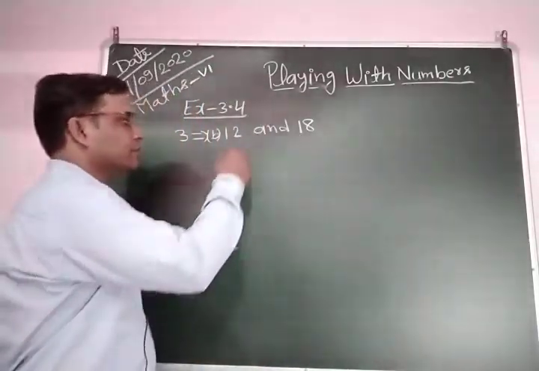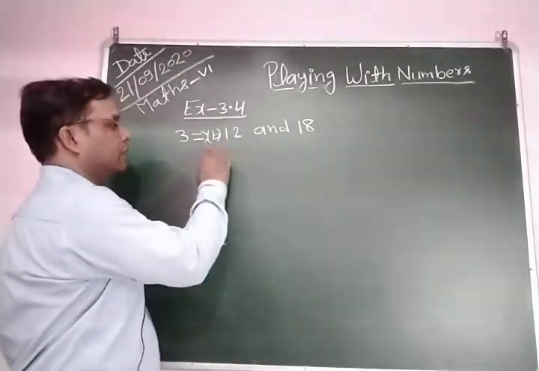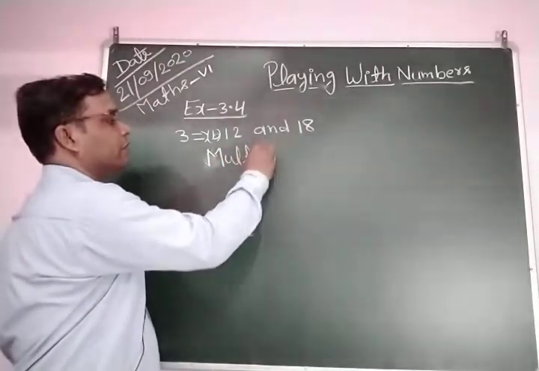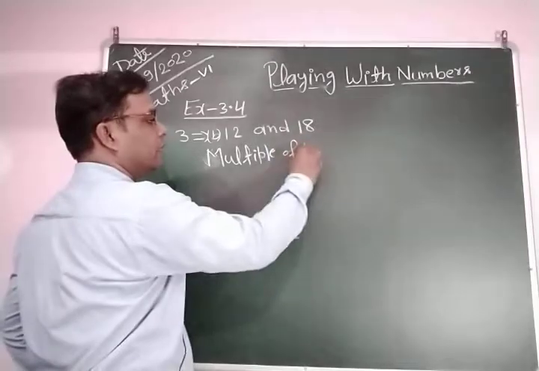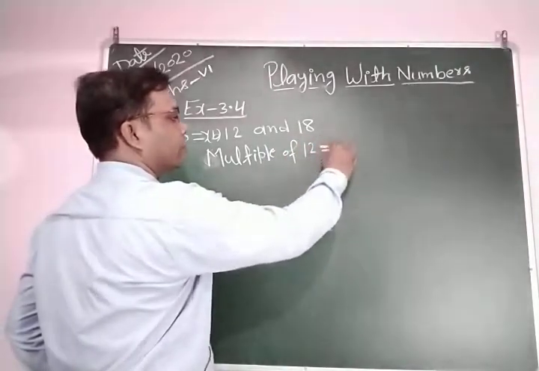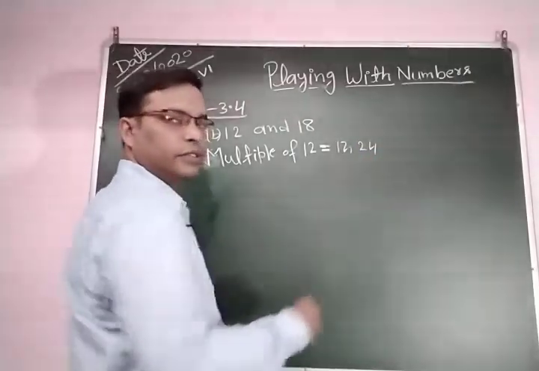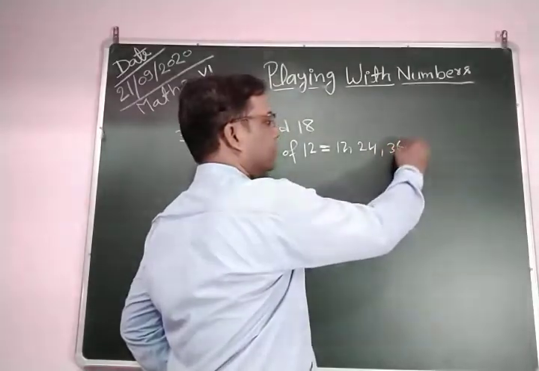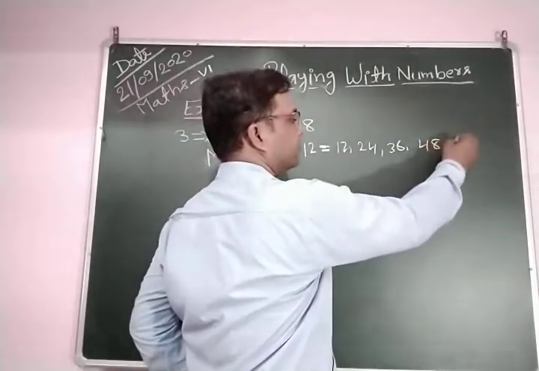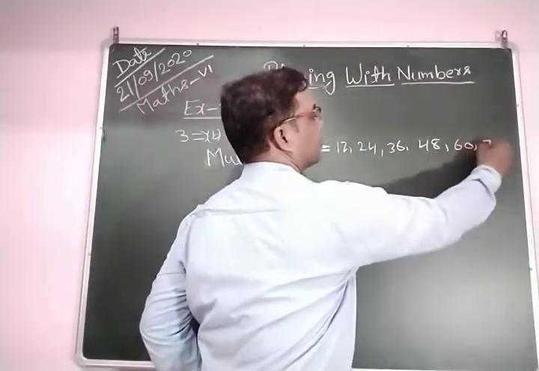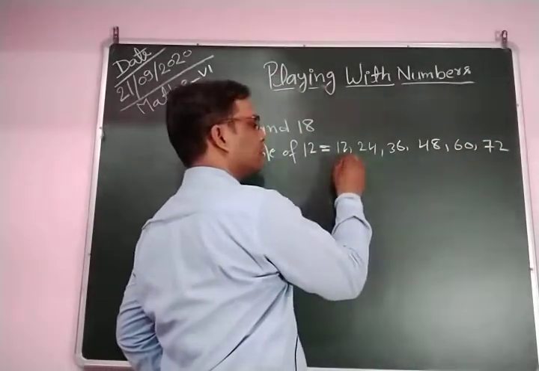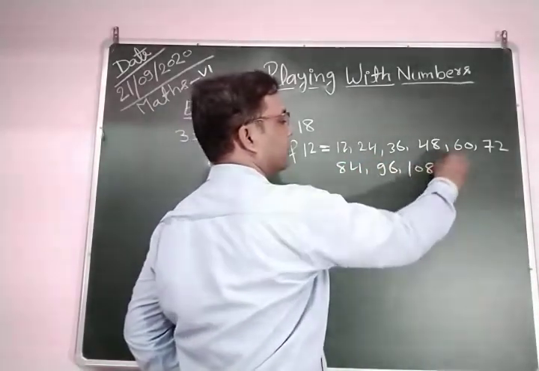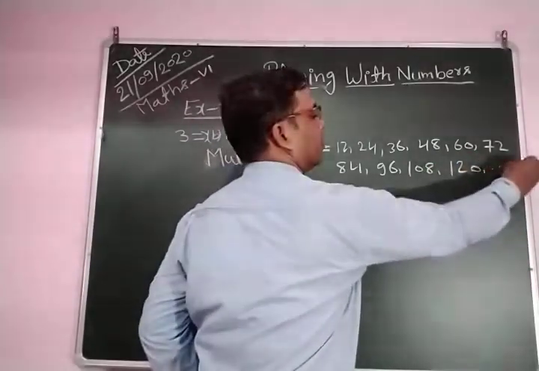So let's see. First we write here multiples of 12. Multiples of 12 are 12, 24, 36, 48, 60, 72, 84, 96, 108, 120 and so on.